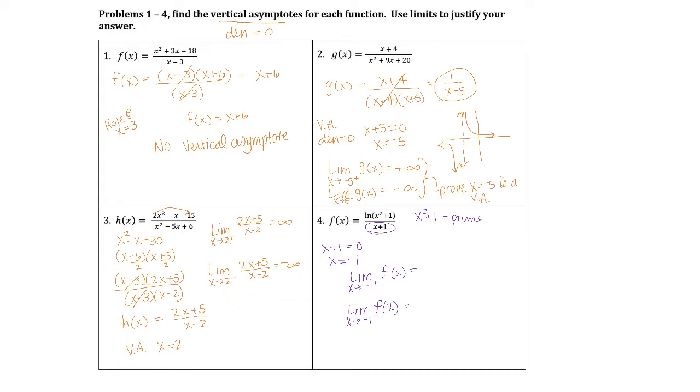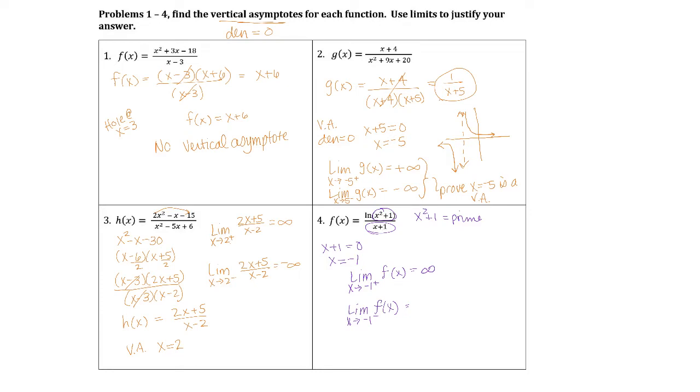And so now to choose a value a little bit to the right of negative 1, so maybe negative 0.9. If we plug in and square this, then of course that's going to be positive, and so I'm going to have a positive value here. So from the right, that's going to be positive infinity.